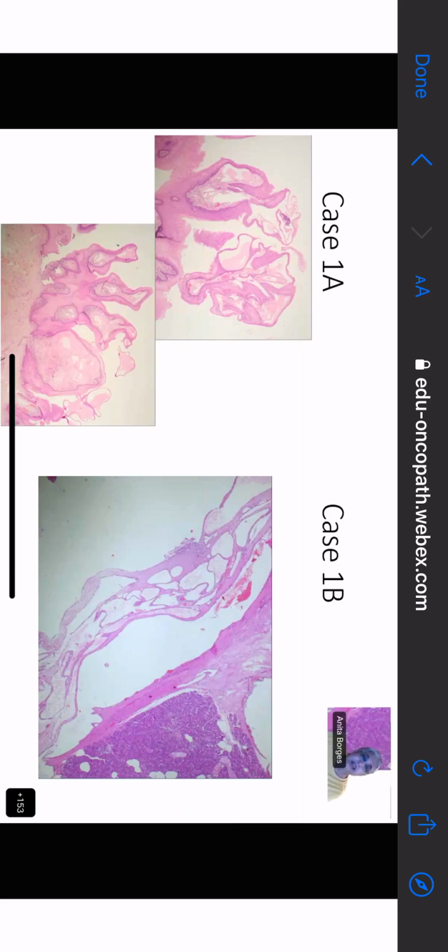What does it mean? That proliferation that is growing exophytically, or for that matter, endophytically, into a space or into its stroma, actually is of epithelial origin. Okay. Now you look very carefully over here.